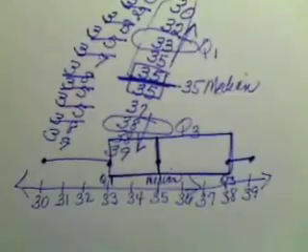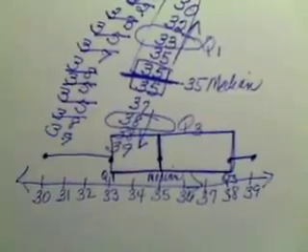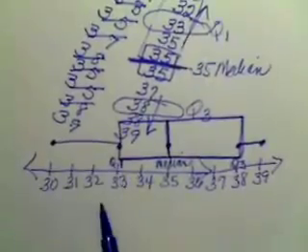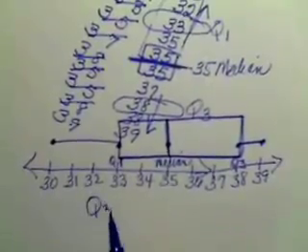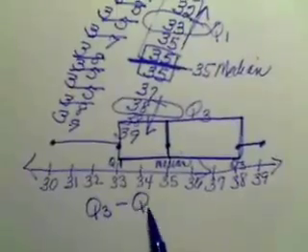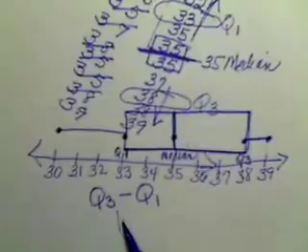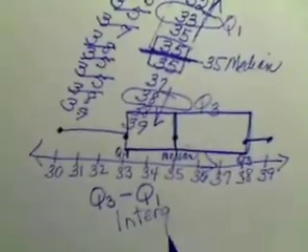So we have a rule, and that is to take quartile 3 minus quartile 1. And that's called the interquartile range.